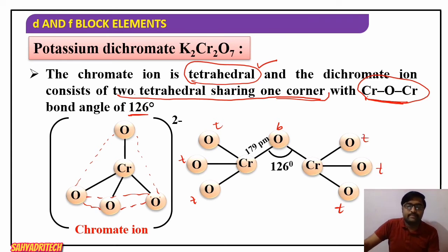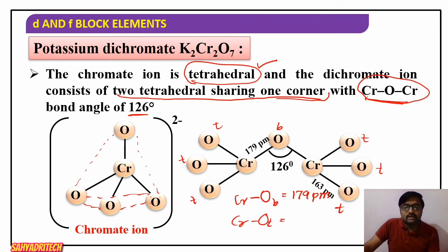Okay, well, so now here chromium and bridged oxygen, what is the bond length? 179 picometer. Then we have one more bond length here, that is chromium and terminal oxygen. So all the remaining 6 bonds are identical.